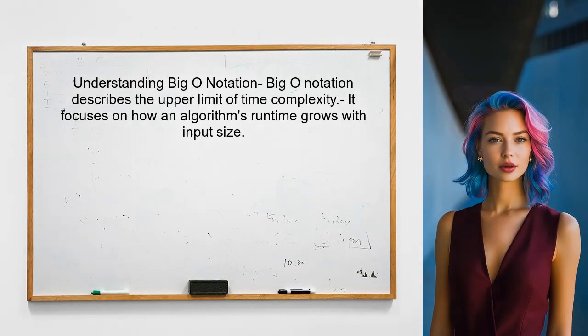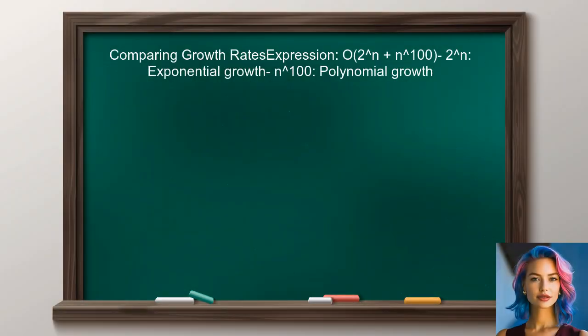To clarify the confusion about big O notation, let's first understand what big O represents. Big O notation describes the upper limit of the time complexity of an algorithm as the input size grows. In the expression O of 2 to the power of n plus n to the power of 100, we need to compare the growth rates of the two terms as n increases.